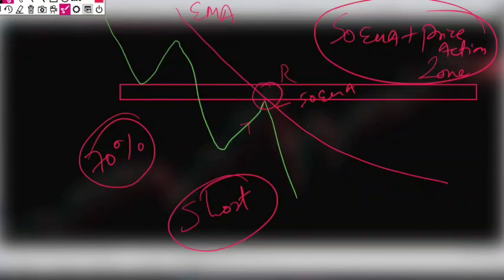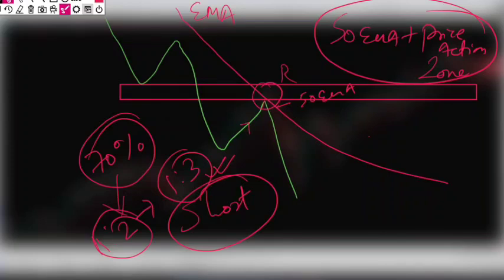You can go for 1:2 and 1:3 risk reward. I usually go for 1:3. For me, in each and every trade, I go for 1:3.